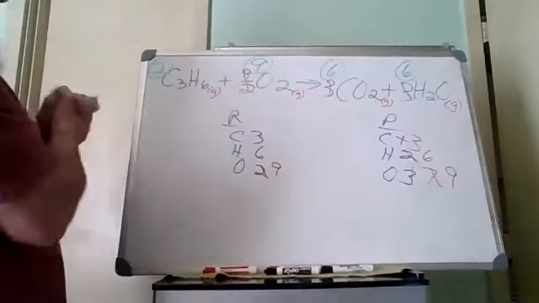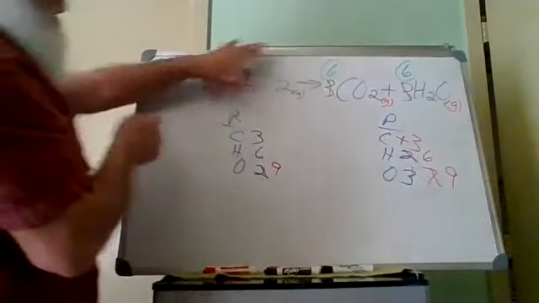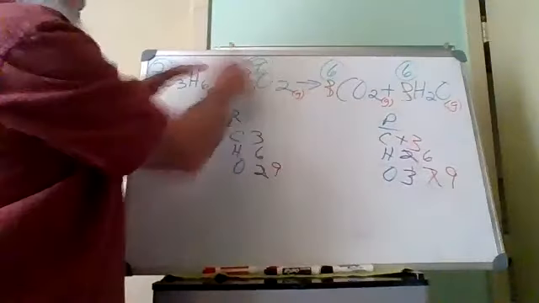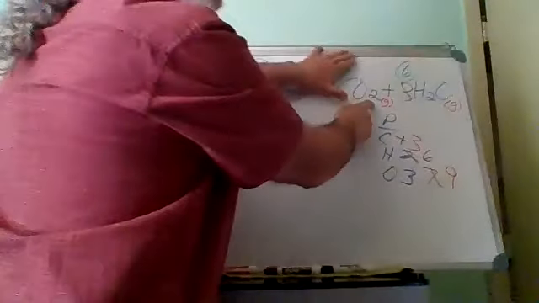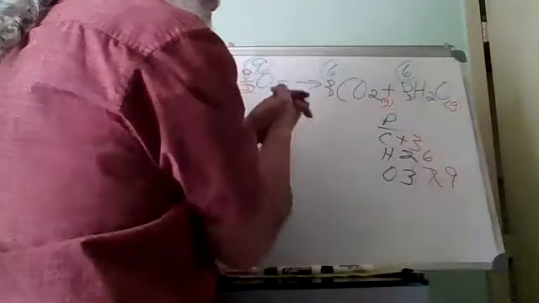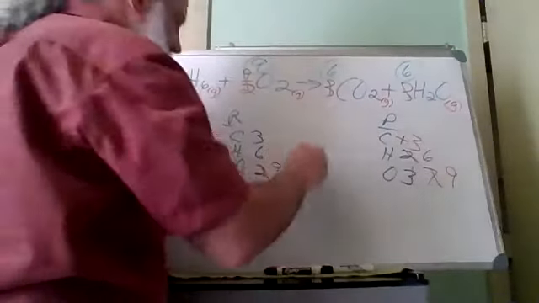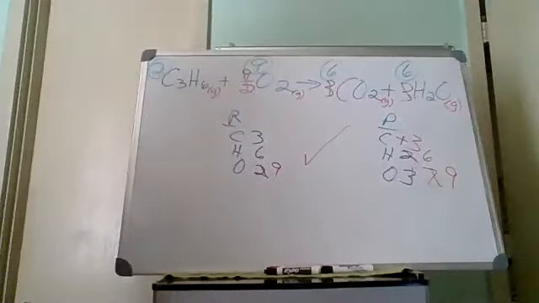So the carbons and the hydrogens are balanced. There's 2 oxygens times 9 is 18 oxygens. Here I have 2 oxygens times 6 is 12 oxygens, and 1 oxygen times 6 is 6. 12 plus 6 is 18 oxygens. This is a properly balanced equation now.